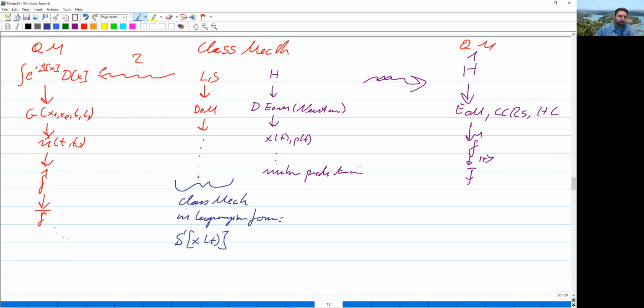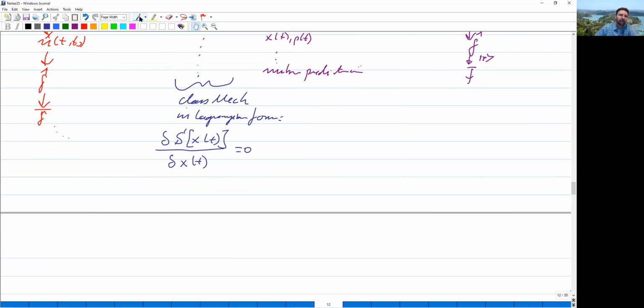And then the action principle says that the variation of S with respect to the path x(t) ought to be 0, which is to say that the action should not vary to first order as we vary the path.